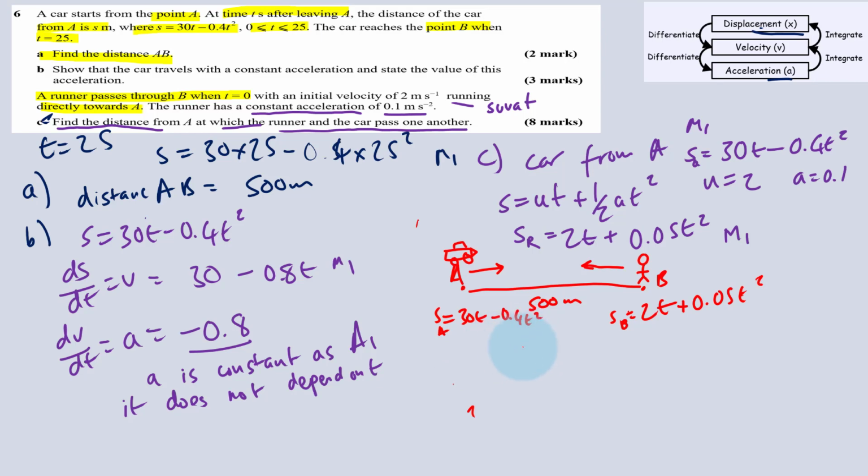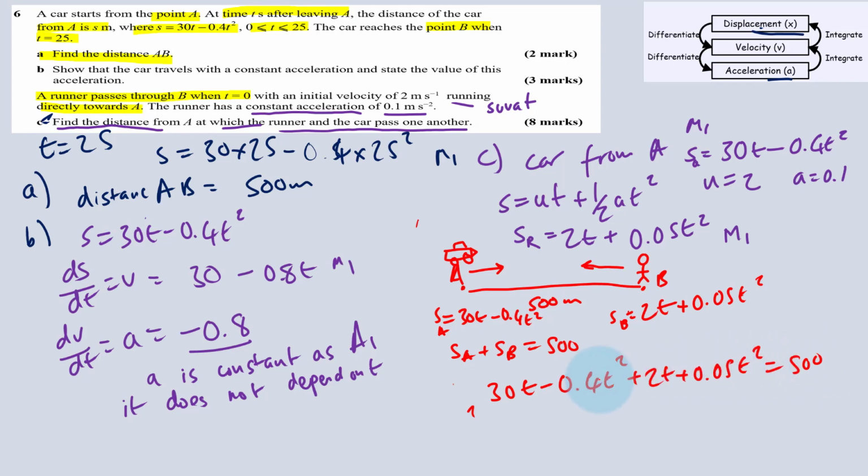So if you add these together, when they combine to make 500 is when they will cross each other, because that's a total of 500 meters travelled. So really all we need to write is 30t minus 0.4t squared plus 2t plus 0.05t squared equals 500.